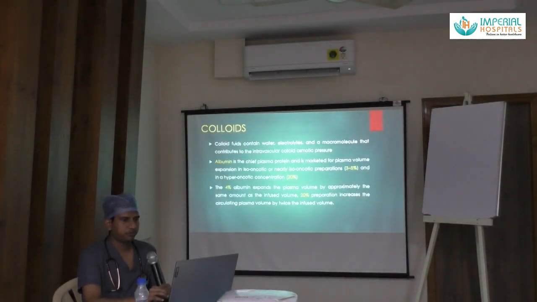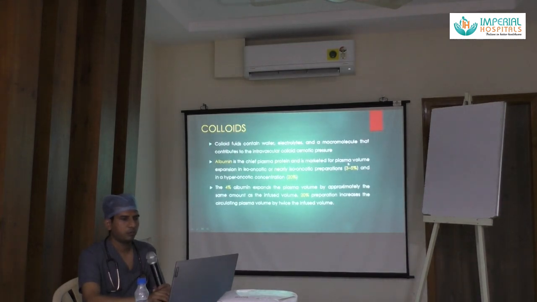Colloid fluids contain water, electrolytes and macromolecules that contribute to the intravascular colloid osmotic pressure. Albumin is the chief plasma protein and is marketed for plasma volume expansion. It comes in 2 concentrations: one is isotonic, isooncotic, and one is hyperoncotic.